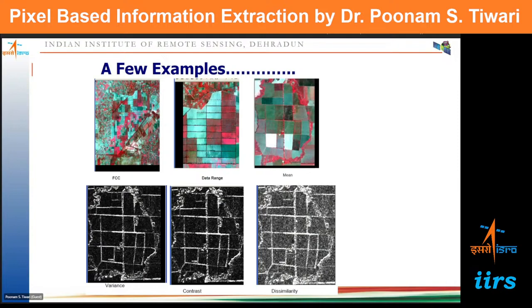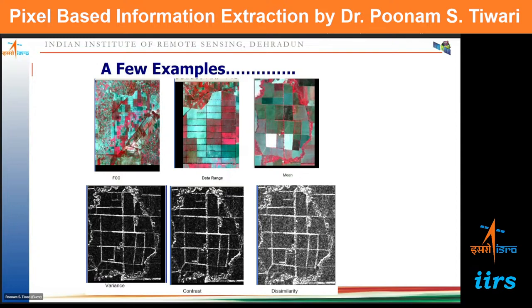So yesterday I showed you a case study in which I showed you how to extract agriculture field boundaries. This is an example of how we have used textures for this particular problem. I have shown you the original false color composite, the data range, the mean, variance, contrast, and dissimilarity.